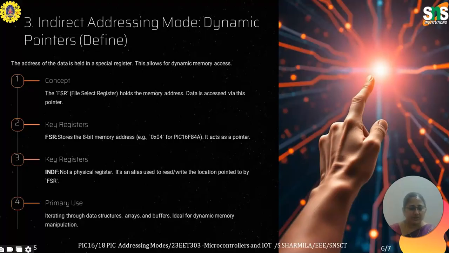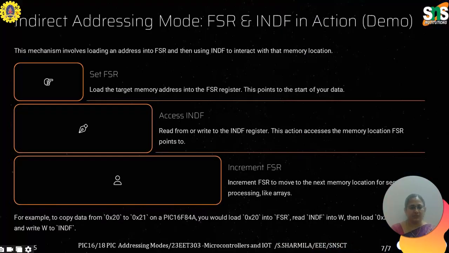The key registers are: FSR, which stores the 8-bit memory address, for example 0x04 for PIC16, and it acts as a pointer. INDF is not a physical register. It is an alias used to read or write the location pointed to by the FSR. The primary use is iterating through data structures, arrays and buffers, ideal for dynamic memory manipulation.